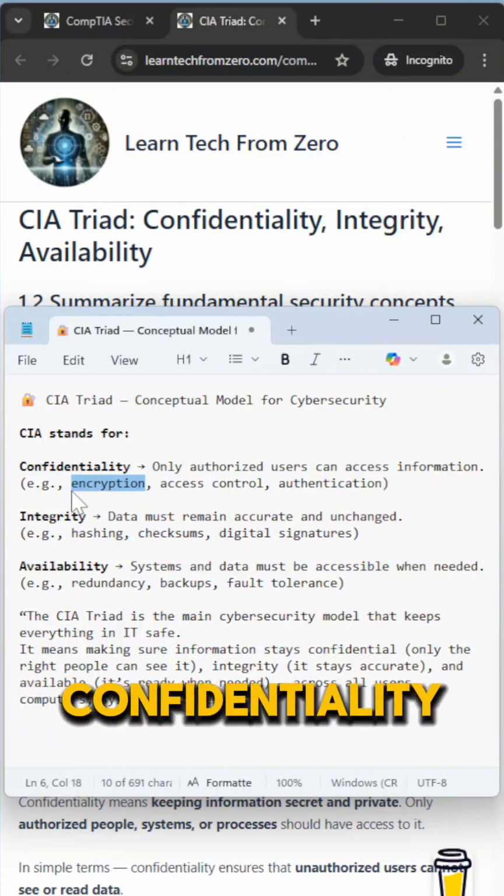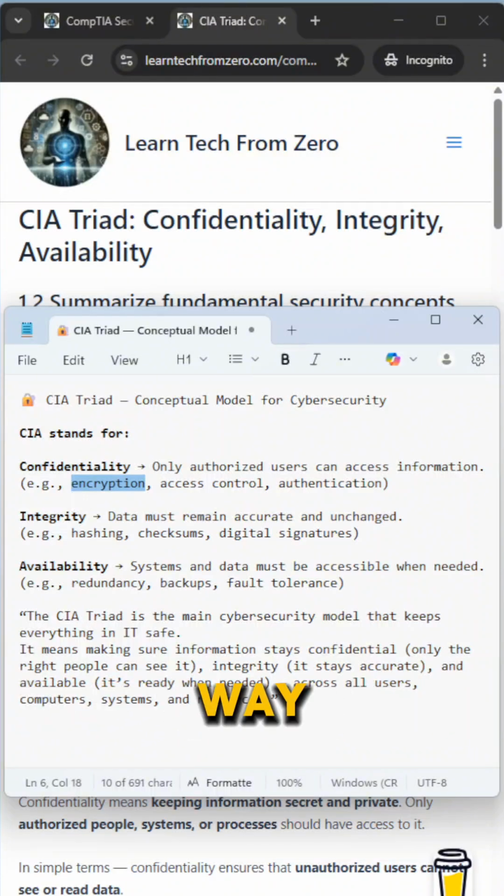So the confidentiality is there. In the same way, access control, like who should get access to what. But this is something that we will keep on covering in later videos, because CompTIA Security Plus is all about going in depth on how to apply security models, concepts and ideas. So this is what it is.